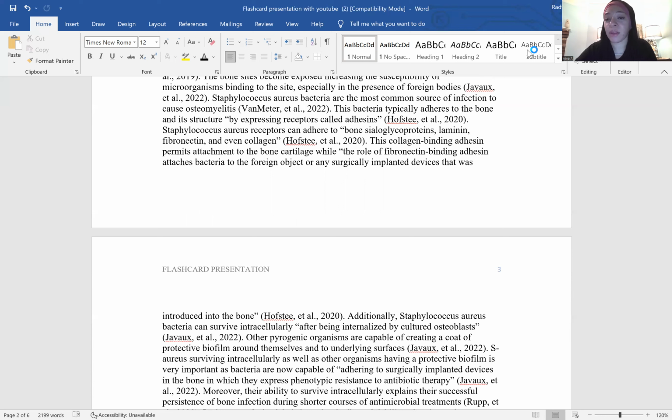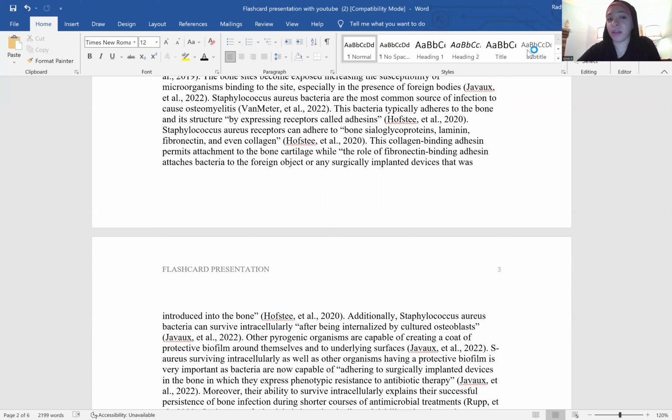This bacteria typically adheres to the bone and its structure by expressing receptors called adhesins. Staph aureus receptors can adhere to the bone cellular proteins, laminin, fibronectin, and other collagen.